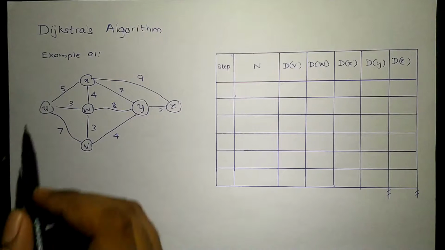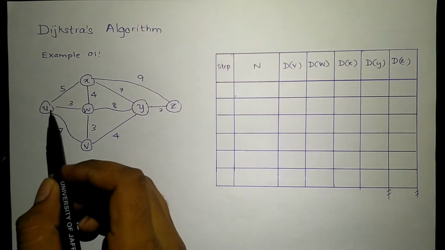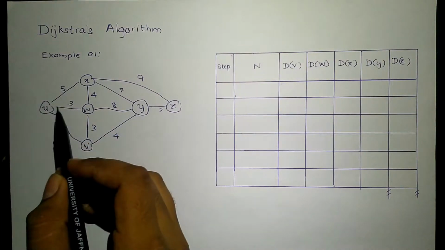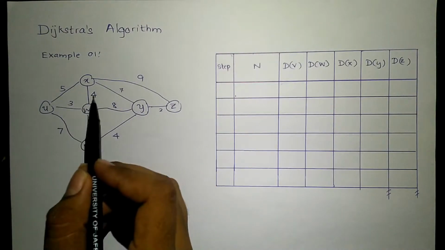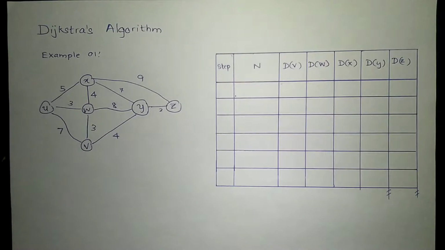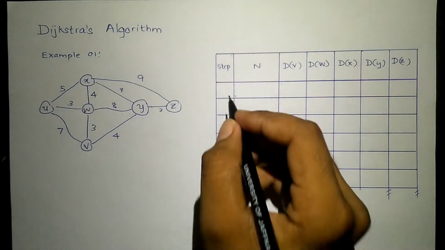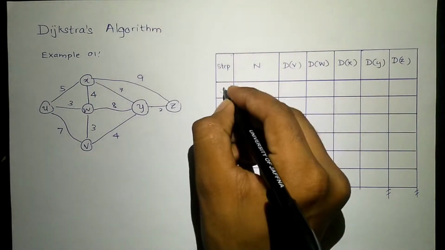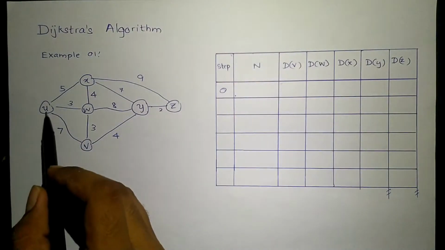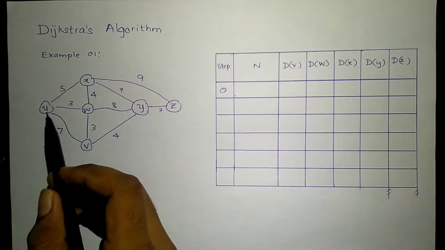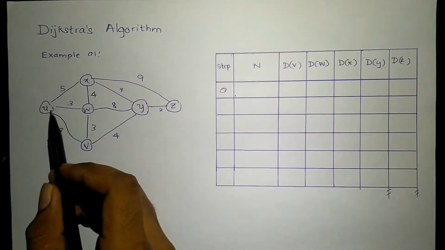We consider our main node to be U. From U we need to find the shortest path to each node. So this is step 0. We consider this step as 0 because it has not moved anywhere else, it is just taking the place of itself.